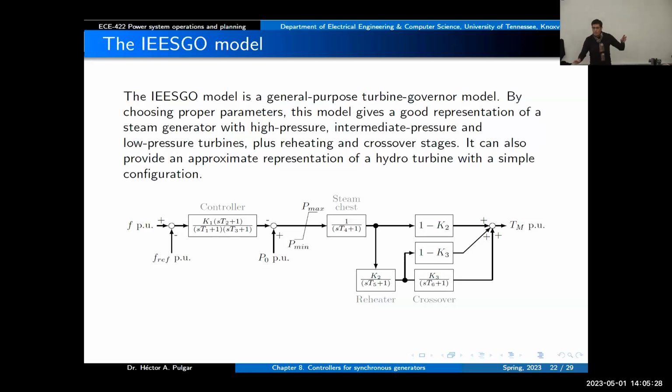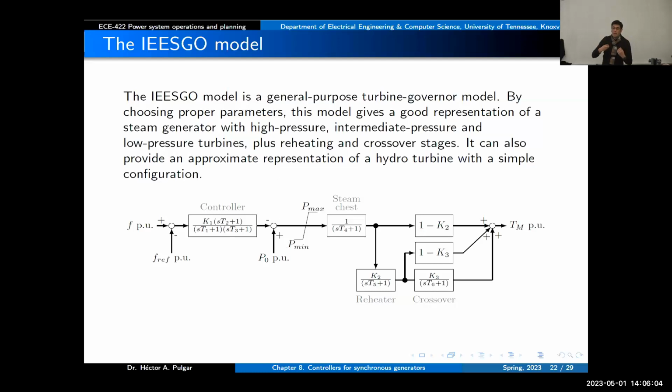And we talk about the droop characteristic. What did we say about the droop characteristic? Lower value, and that means at a lower frequency. Yeah. So if you have a drop in the frequency, the frequency is going down because you have more equivalent load than generation. We need to increase our generation, right?